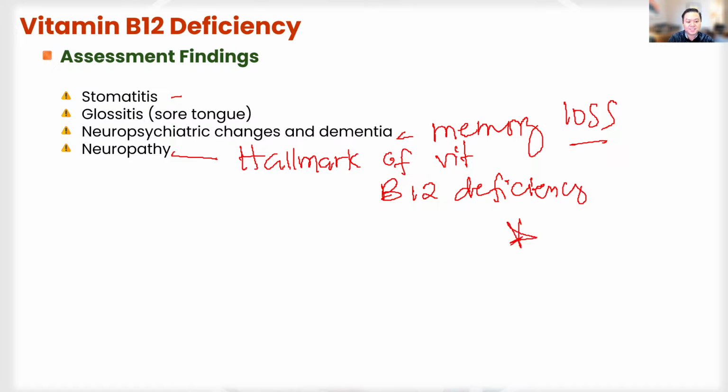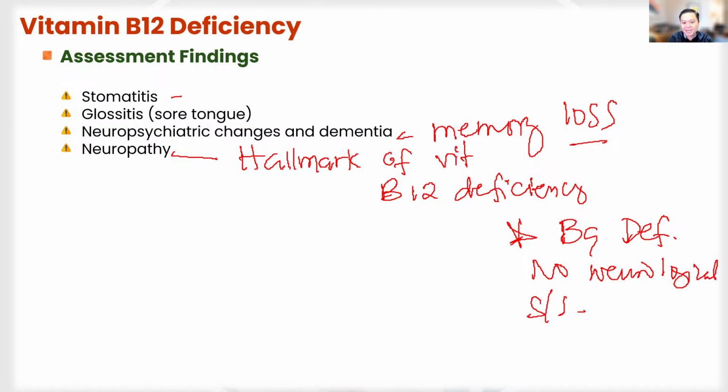Let me write this down here. In vitamin B9 deficiency, there are no neurological manifestations. But here in vitamin B12 deficiency, this is the hallmark. This is what's going to set it apart from the other anemias, okay?